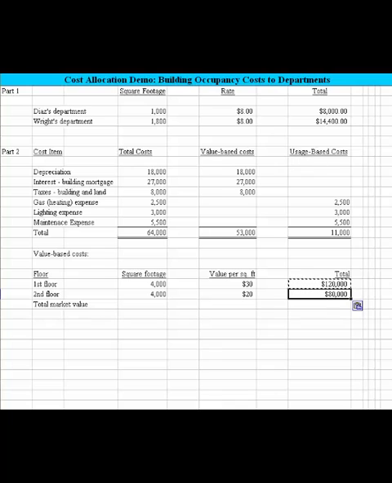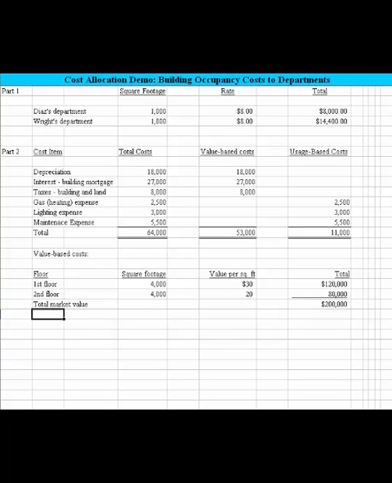This one really doesn't need a dollar sign in front of it, nor does that, for proper formatting. And then we would sum above to come up with a 200,000 total market value.